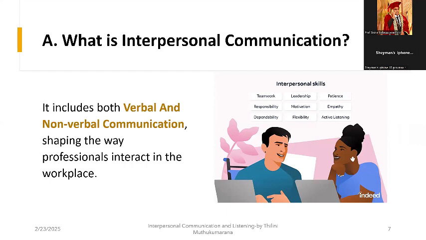And these are the two main important facts included when we talk about interpersonal communication: verbal, that means words, and non-verbal communication. We are going to talk in detail about verbal and non-verbal communication, because these two are very important. If you are going to be a professional interacting with another professional in a workplace, these two are very important facts.